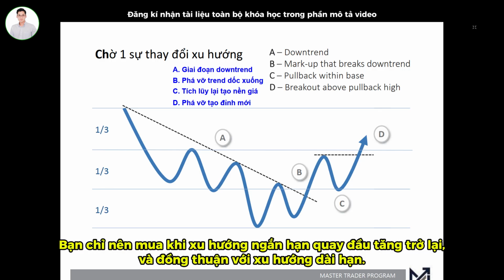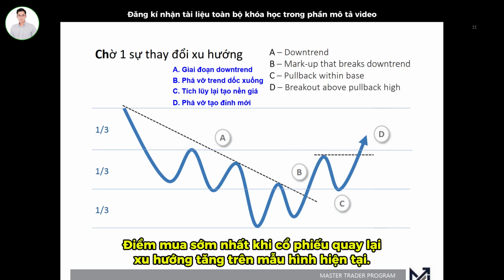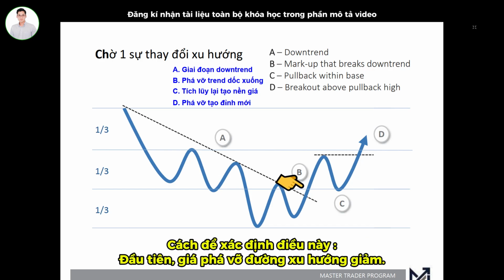What you're waiting for, and what you don't want to buy until, is when that intermediate and short-term trend turns up, and you've got the long-term trend and the current chart pattern all in the same direction. So the earliest that you want to buy is when you get back into an official uptrend on the current chart pattern. Very simply, the way to do this is you look for a break of the downtrend.